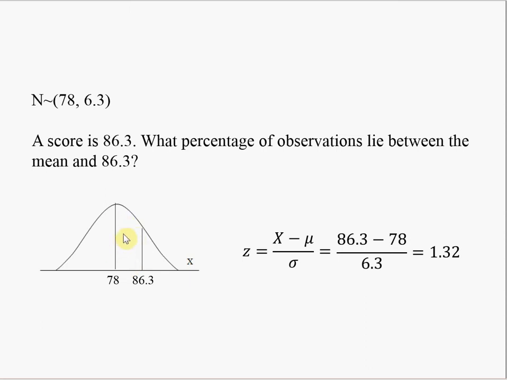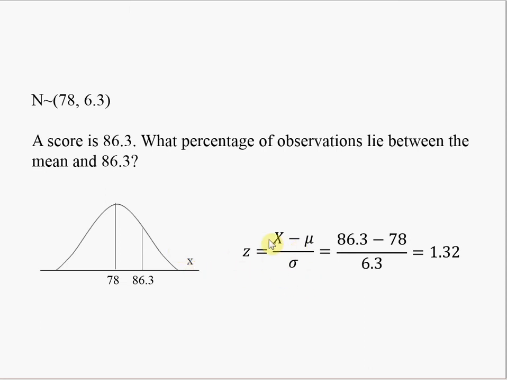What we need to do is to figure out how many standard deviations above the mean 86.3 is. This is the formula we use. Remember, this is the z-score formula we use to convert a value of variable x into a z-score.